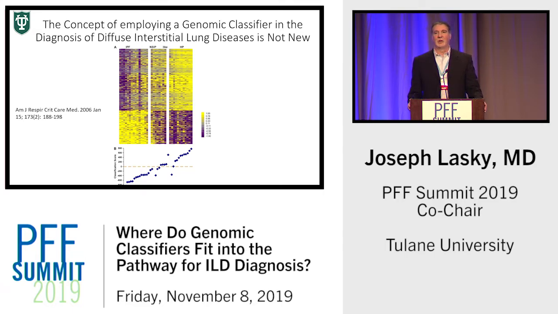And this time they were working with Dr. Kaminski. And they were able to differentiate using microarrays, and that was the technology of the day, the difference between IPF, NSIP, and hypersensitivity pneumonitis. So this is not something new in looking at tissue and being able to classify what the pattern is.